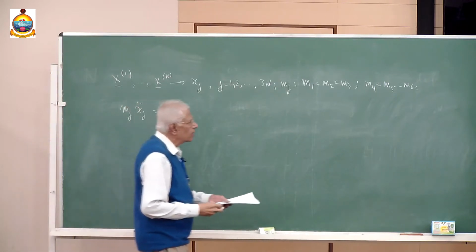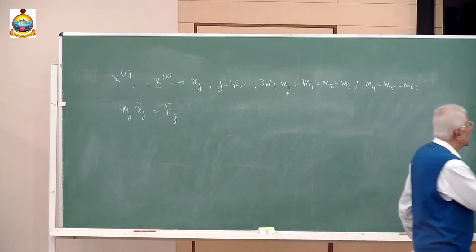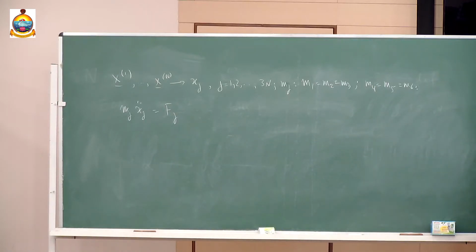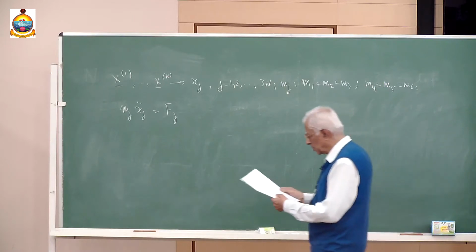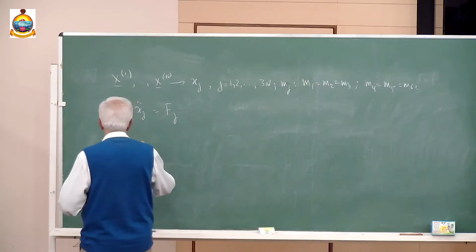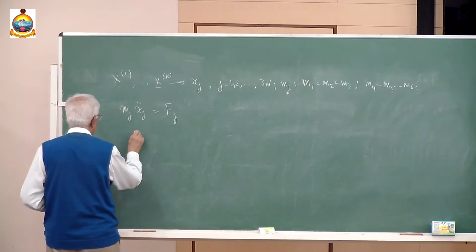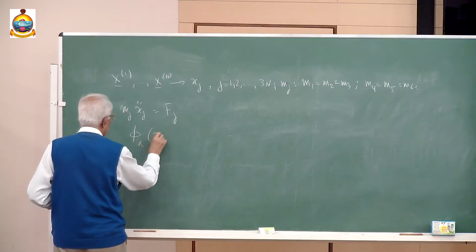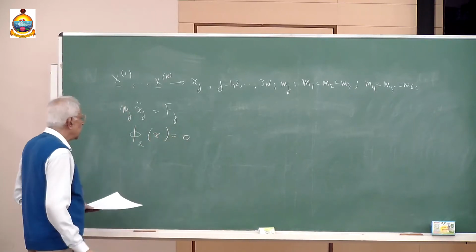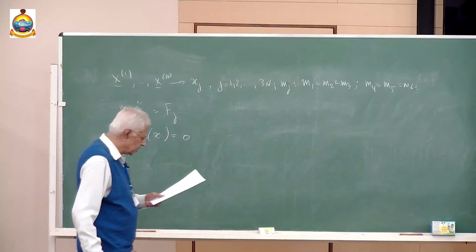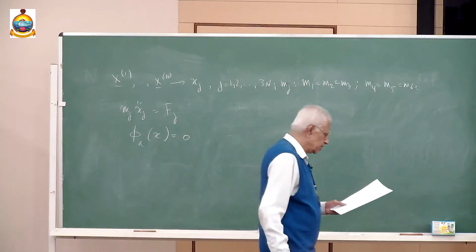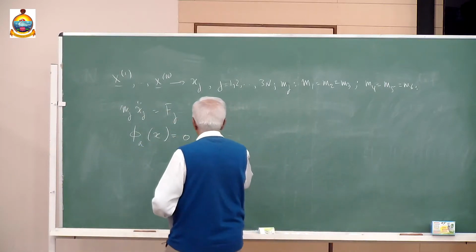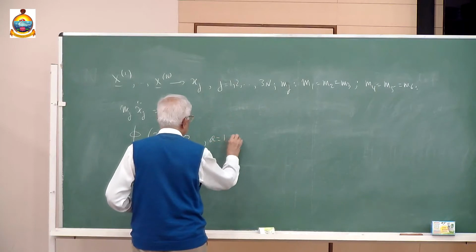Okay. Now, let us write the constraints on these coordinates in the following way. Introduce a notation. Imagine that we have a set of independent restrictions on the Cartesian positions, and how many shall I say? This is a matter of notation.